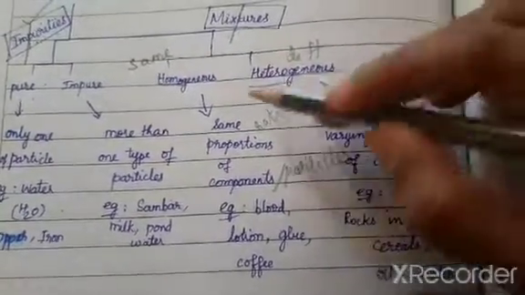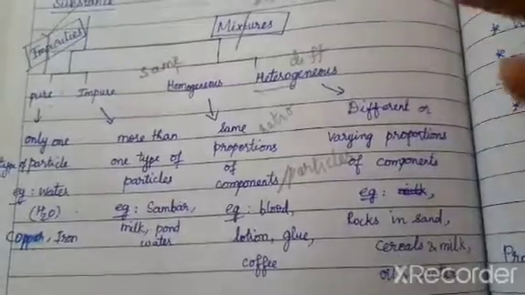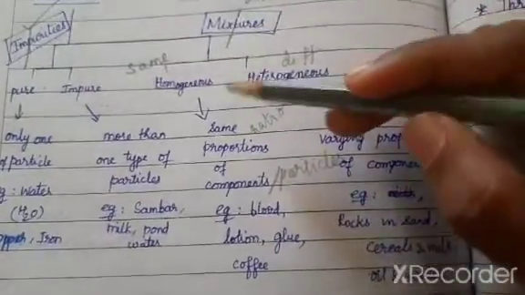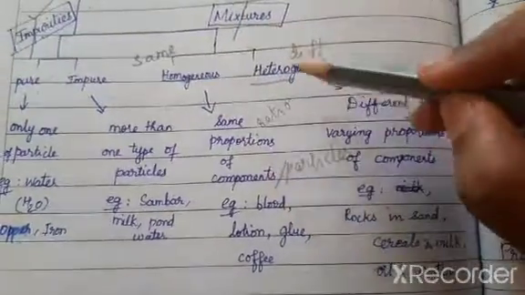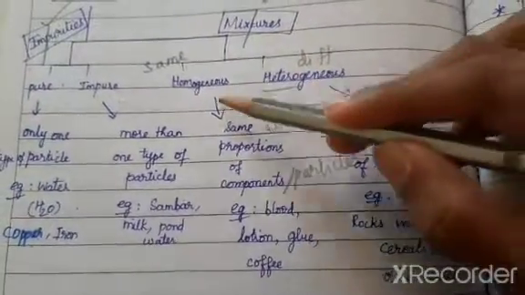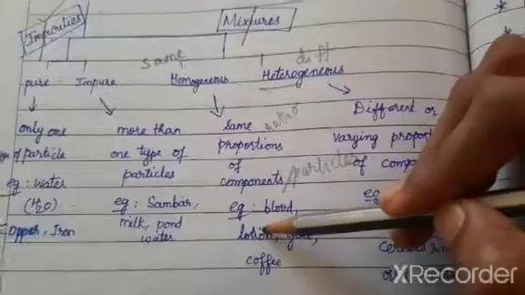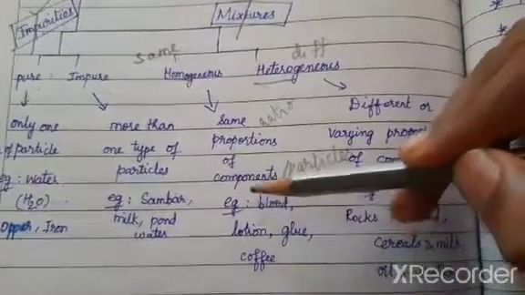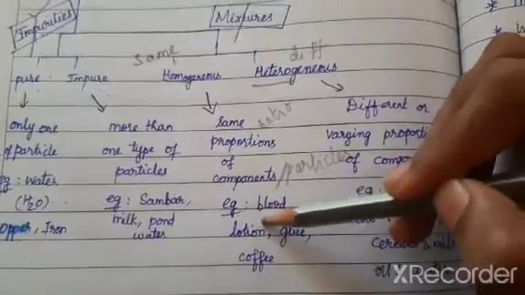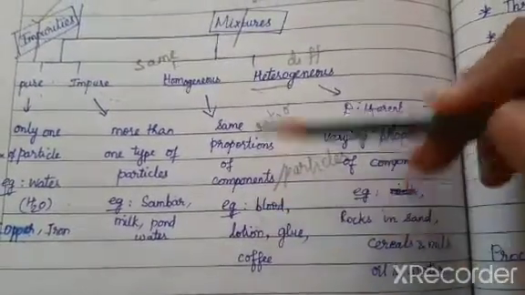That is also a major difference which is easily identifiable: how will you identify a substance as homogeneous or heterogeneous? Homogeneous mixtures are easily separable by our hand. That is, physically they are separable.